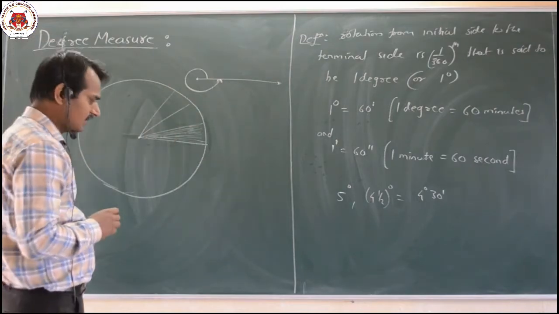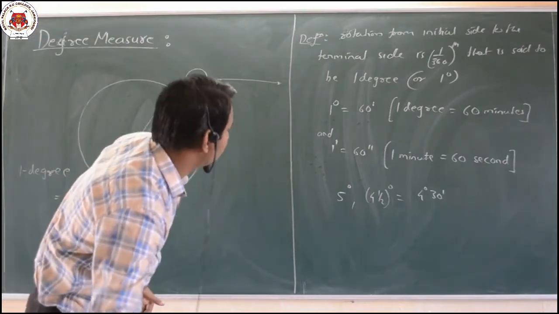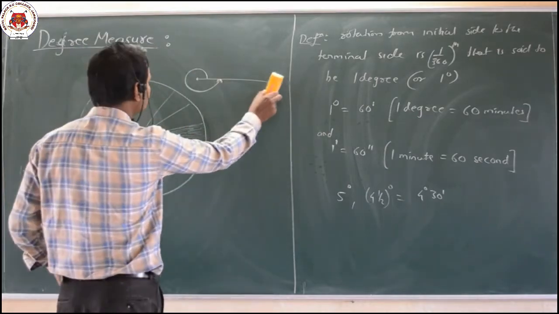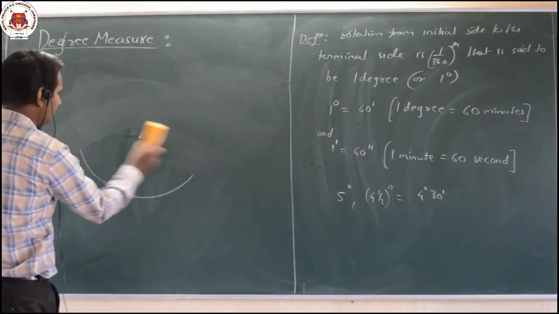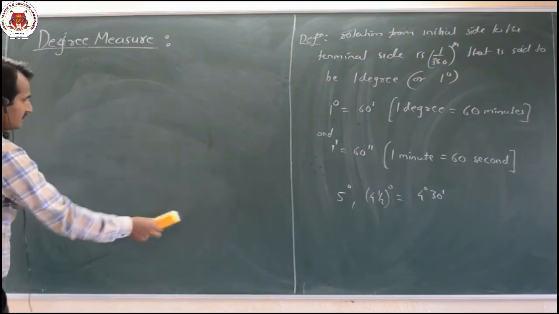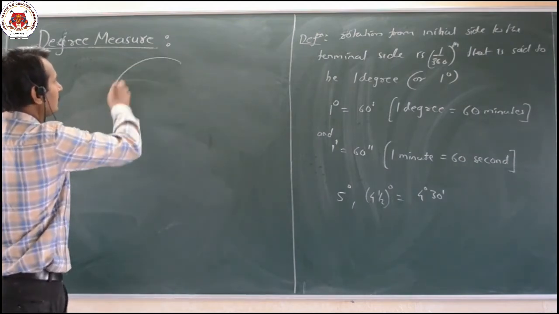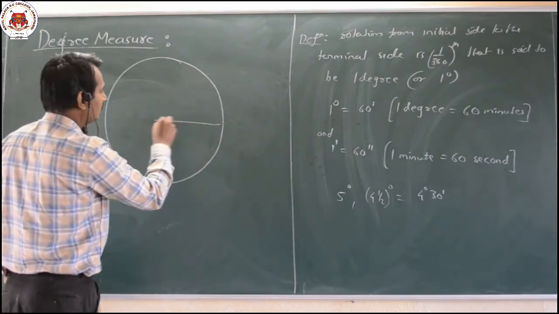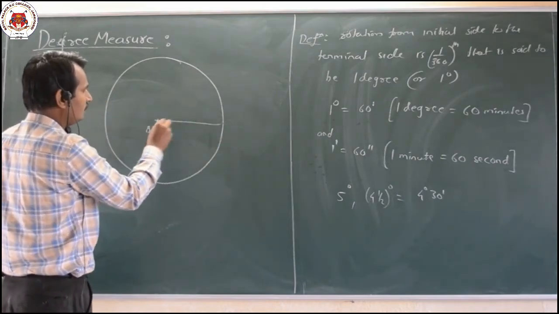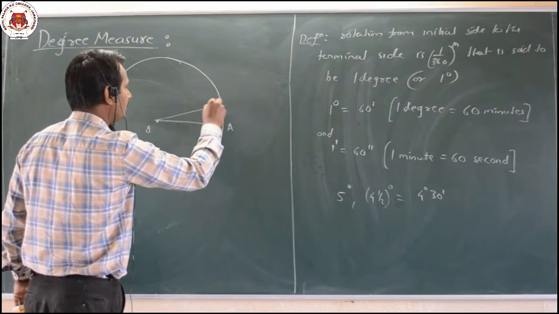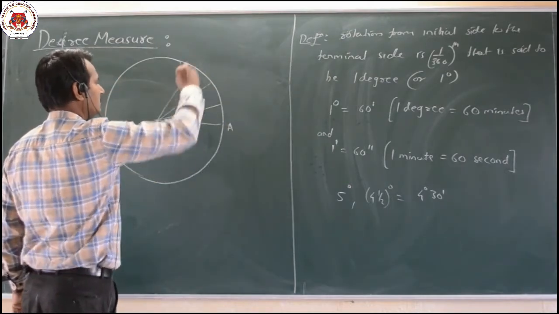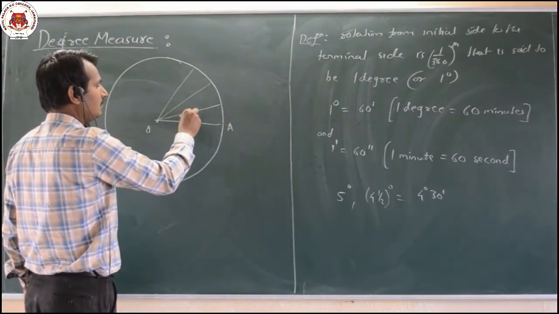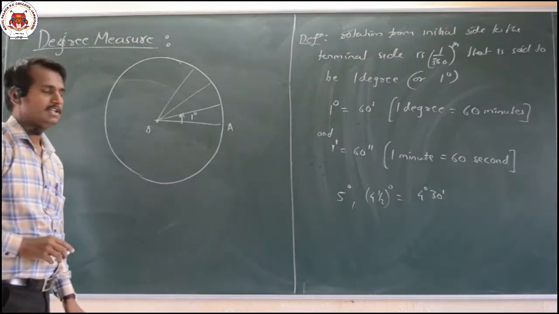Now let us learn a little bit more about this degree measure. For example, if I take this ray, this is what we have learned right now. That is a circle. It is our initial side, O is the center and A is the point. Here we are dividing into 360 parts, and this is said to be 1 degree.